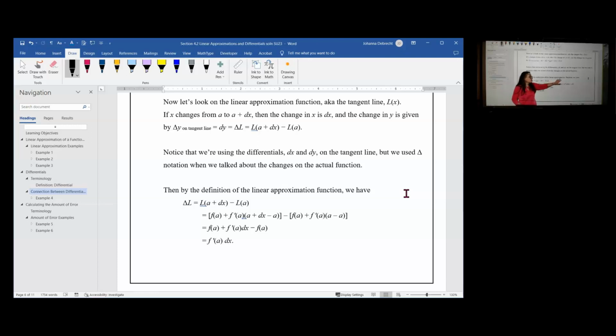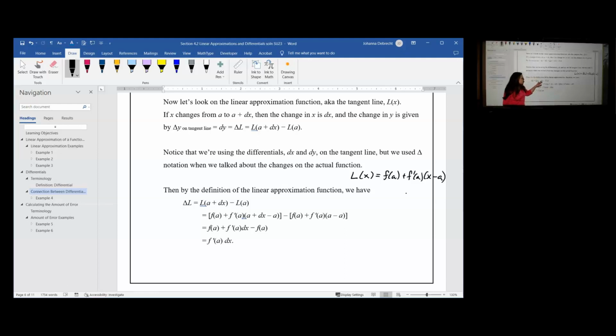Using the definition of the linear approximation function, we can write that the change in y values on the tangent line is given by L of a plus dx minus L of a. But we have the definition for L. Remember that the definition for L of x is equal to f of a plus f prime at a times x minus a.